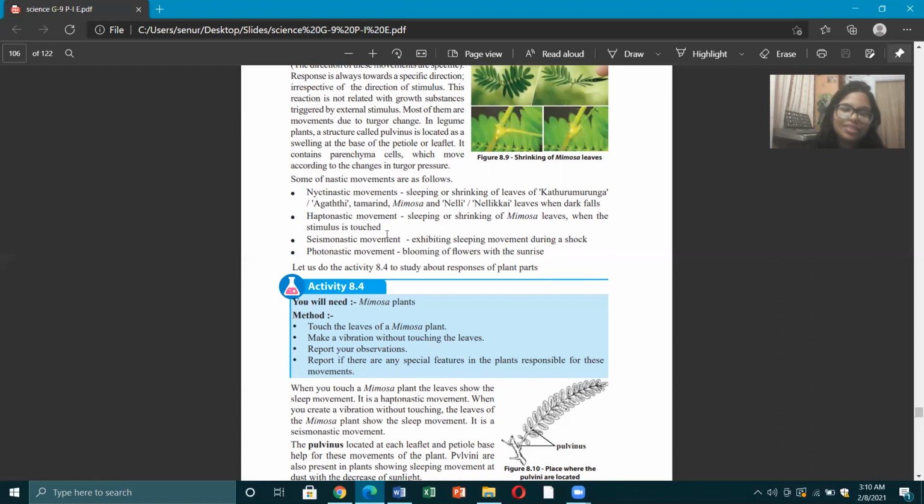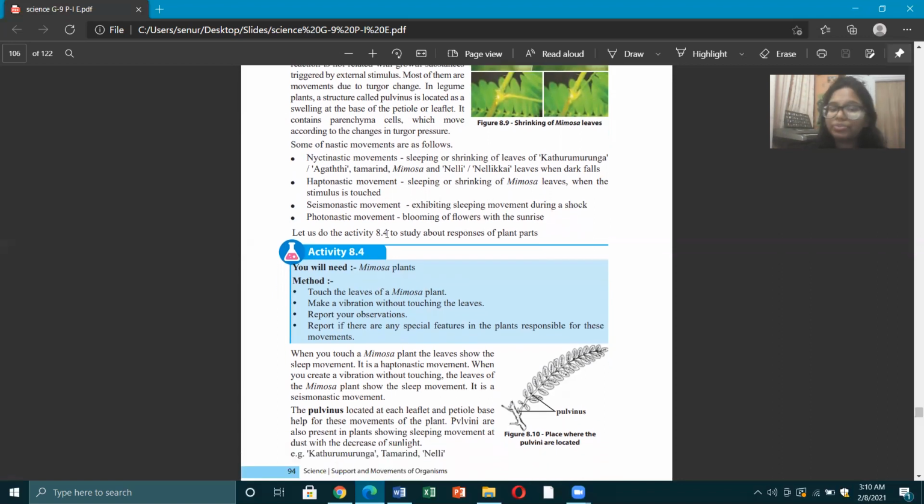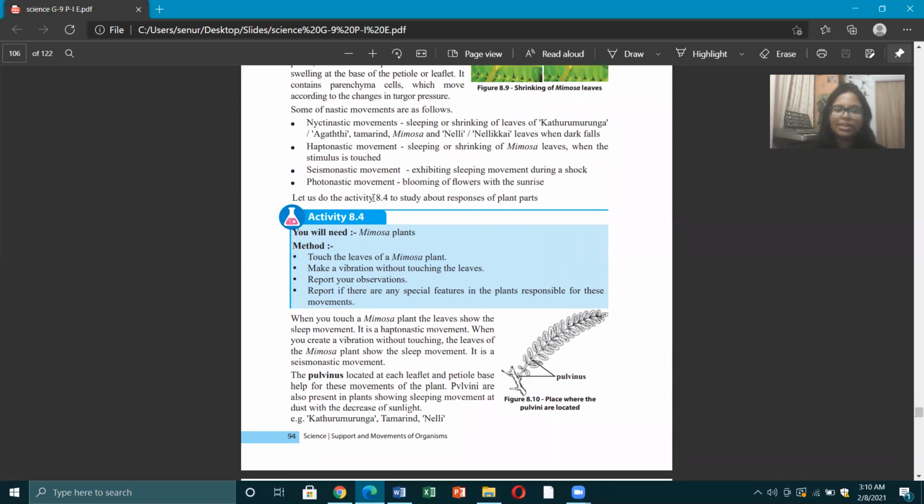Okay? So seismonastic is some kind of shock. When we give some vibration, some movement comes. Right? An example is given here, children. Normally if you touch the mimosa plant and it sleeps, then it's haptonastic. But if you don't touch anything, but give some vibration or some shock, and then the mimosa plant sleeps, then that is seismonastic.